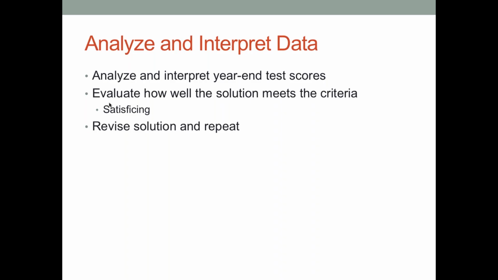You're looking to come up with solutions that satisfice. They fit that nice juxtaposition of maximizing the outcomes and getting as close as possible to those criteria, while taking maximum advantage of the resources and minimizing the effect of the constraints.